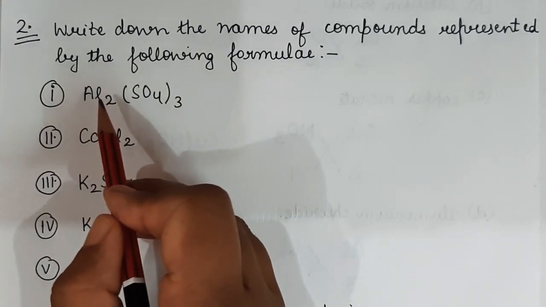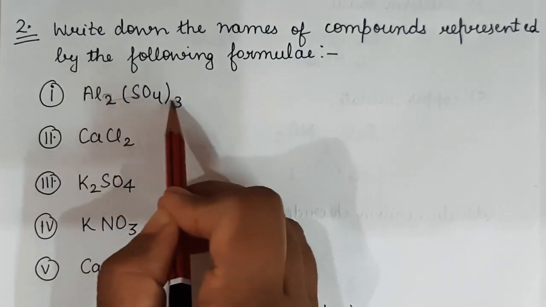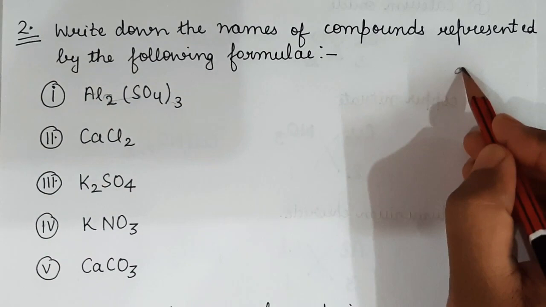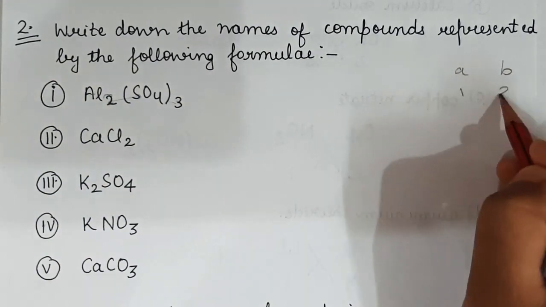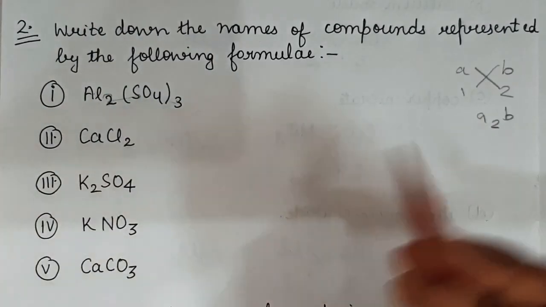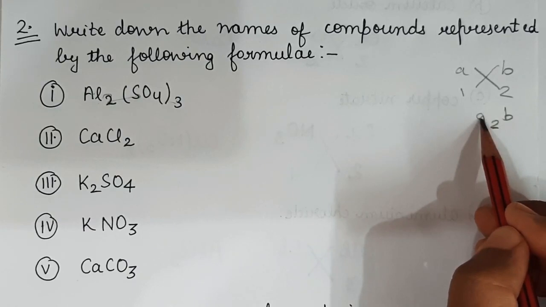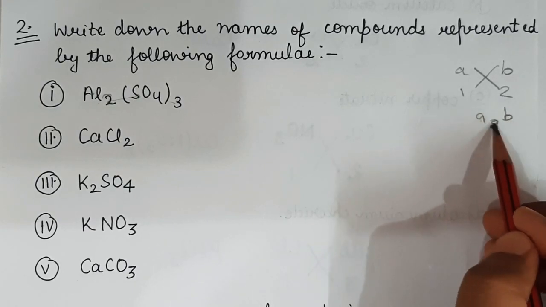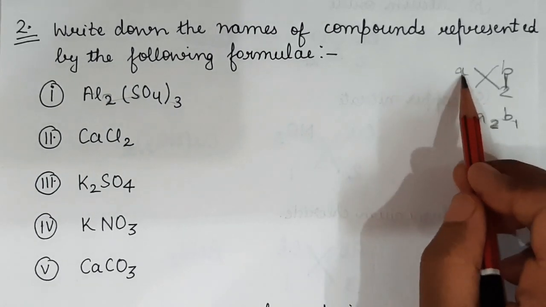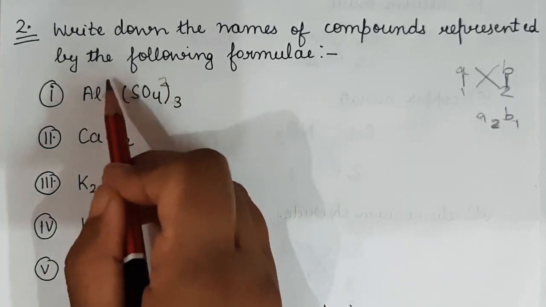So beta, what do you need to do? Just cross multiply. This 2 belongs to this, and 3 belongs to Al, that is aluminium. Because whenever we write a formula, suppose it is A, B, 1, 2, we cross multiply and your answer is A2B1. So this 2 belongs to B, and this 1 belongs to A. Here similarly, this 2 belongs to here and 3 belongs to this.